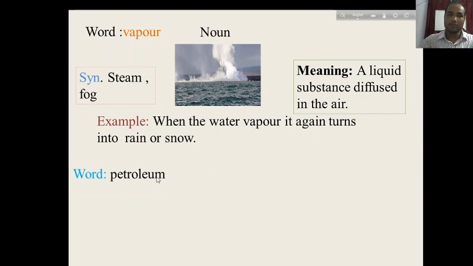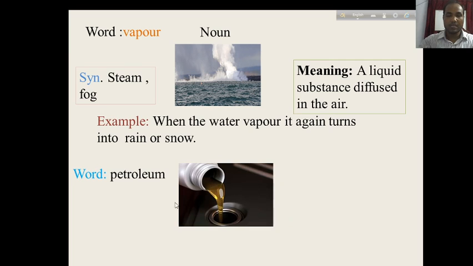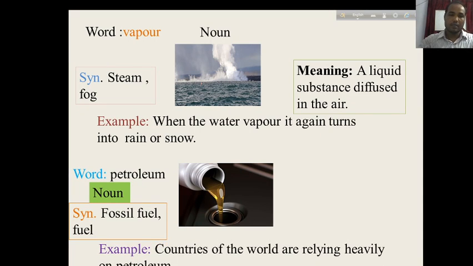That is vapor. Petroleum. Repeat with me. Petroleum. Here is a picture for the word petroleum. For its synonym, we can use fossil fuel or fuel. It's also a noun. For example, countries of the world are relying heavily on petroleum.